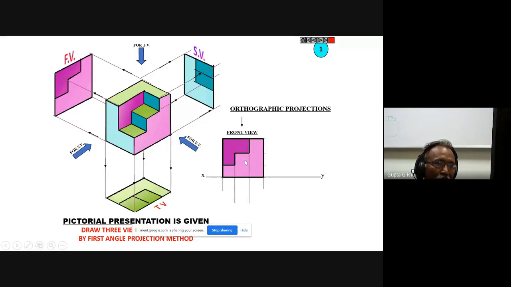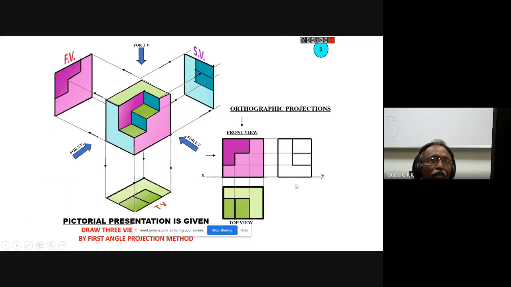Each point's projection should be on the same line, like this. And the side view, if I project all these things onto this side, I get the side view. This is the way I have to draw the orthographic projection for this particular object. This is called first angle projection. The object is in between, the observer is here, here, here, and the reference plane is on the other side.